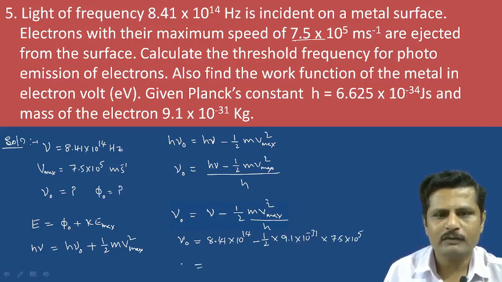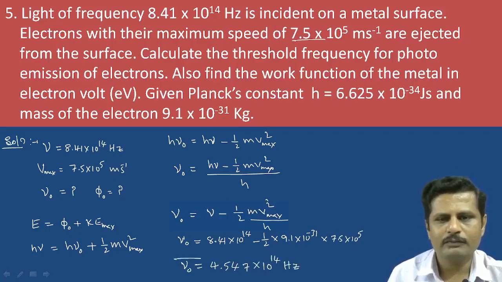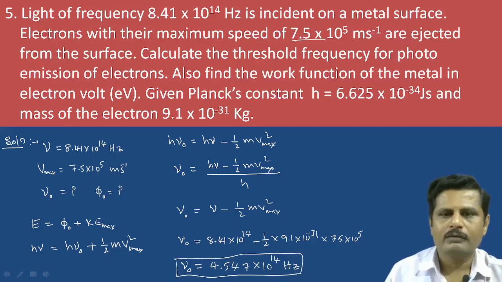On simplifying this, we get nu naught equals 4.547 into 10 raised to 14 hertz. This is the threshold frequency. Now let us find the work function. We know that the work function equals h nu naught.